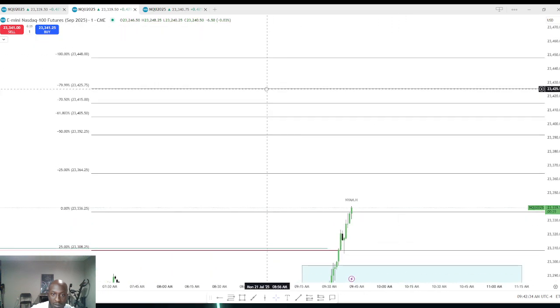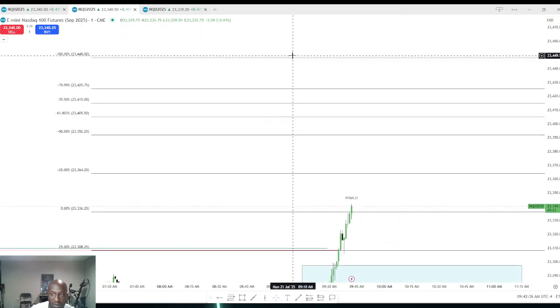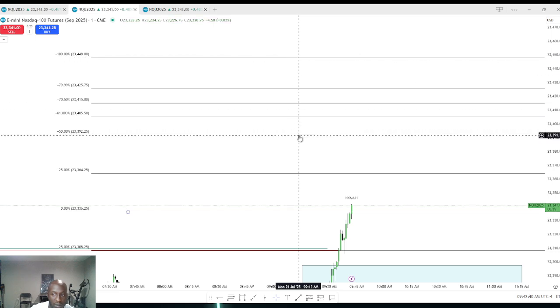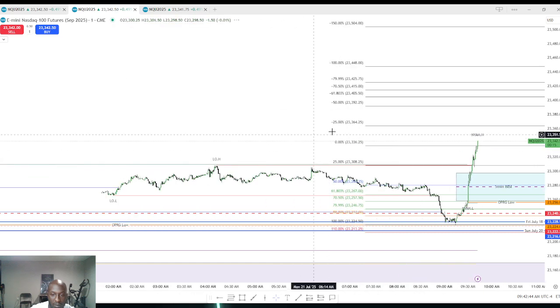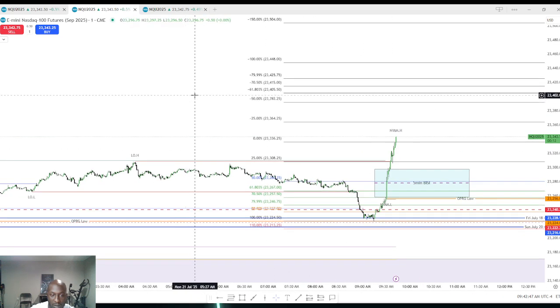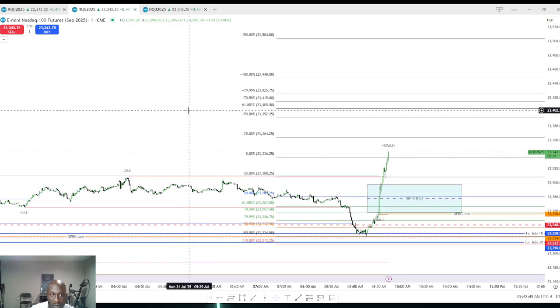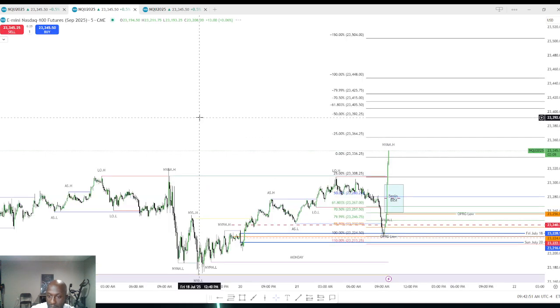So 100% of this move would be up here at 23,448. And we're going to have to wait. I don't want to chase price. It is leaving BISIs.